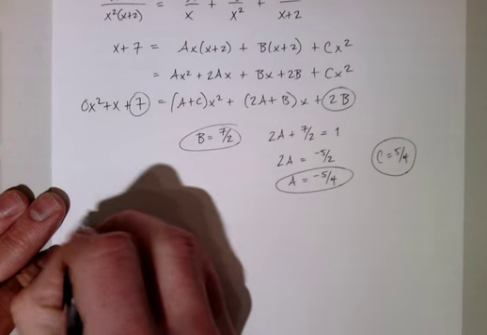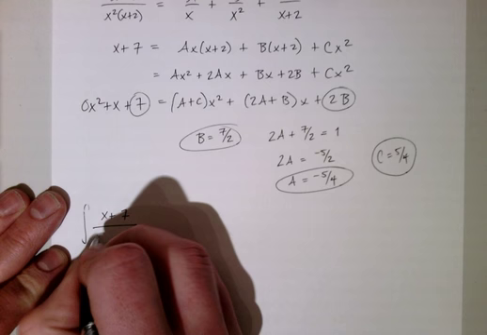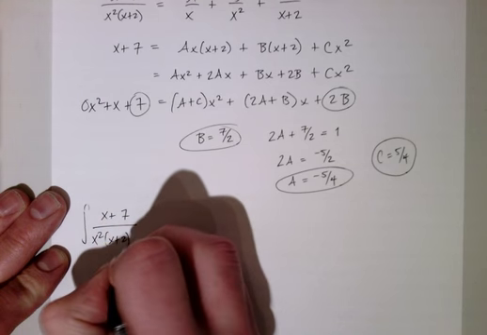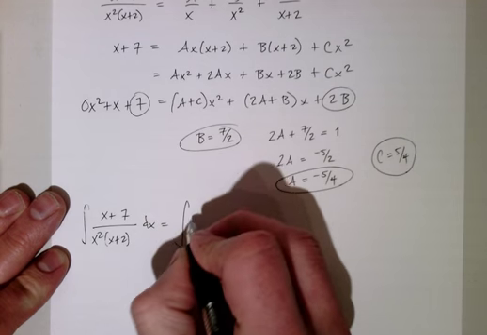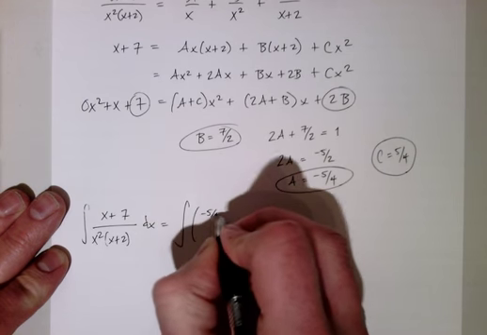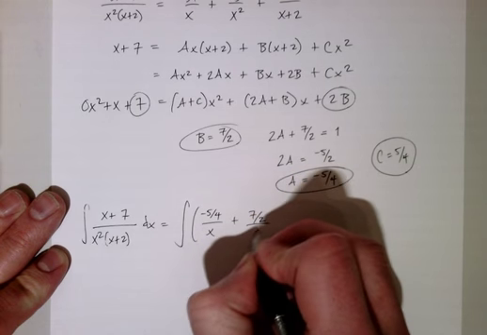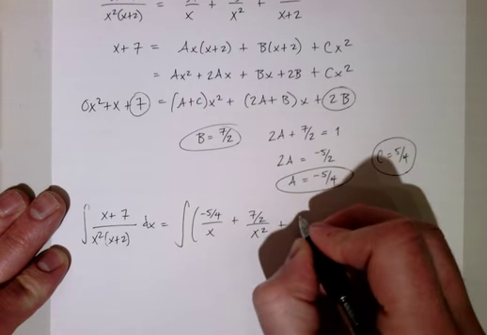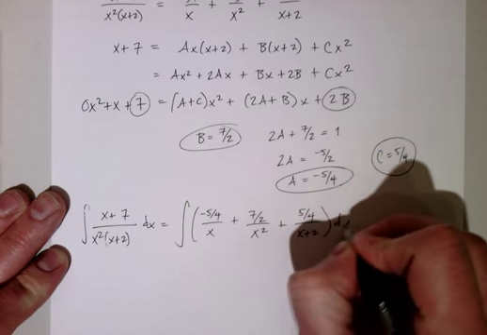Okay. Well, that means that the integral of (x + 7) over x squared times (x + 2) dx pulls apart rather easily into negative 5 fourths over x plus 7 halves over x squared plus 5 fourths over (x + 2) dx.